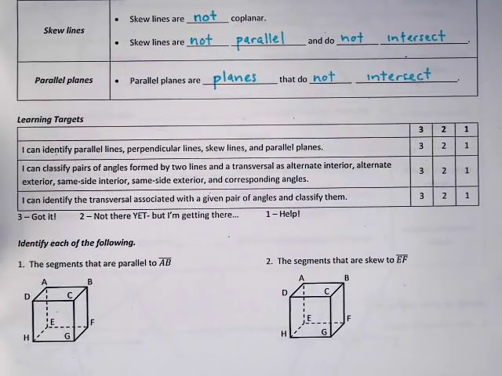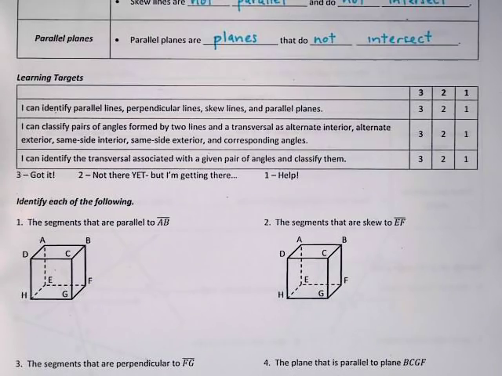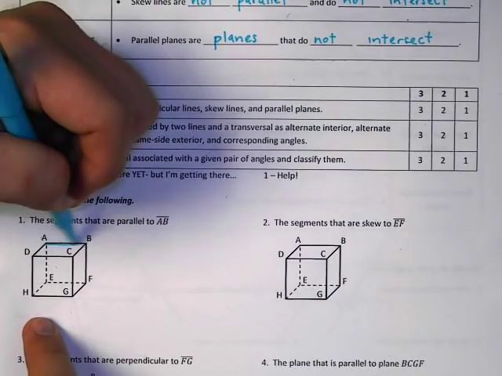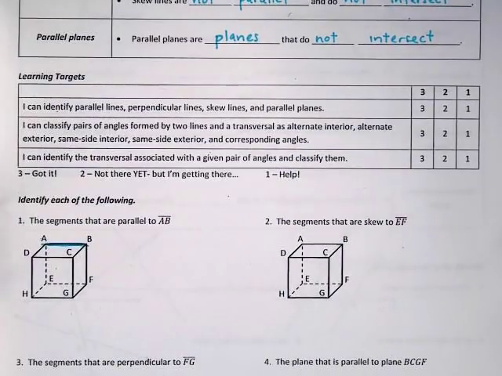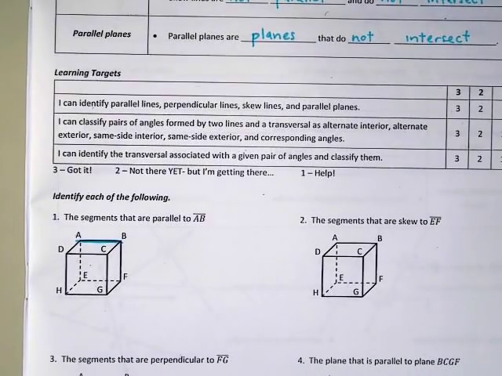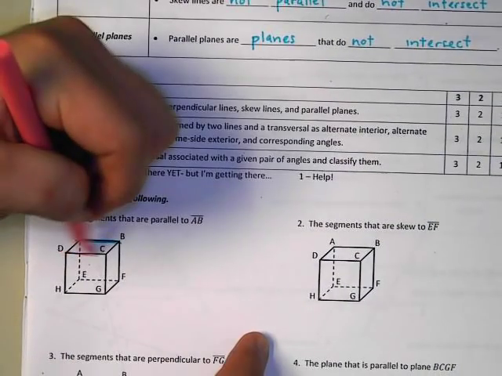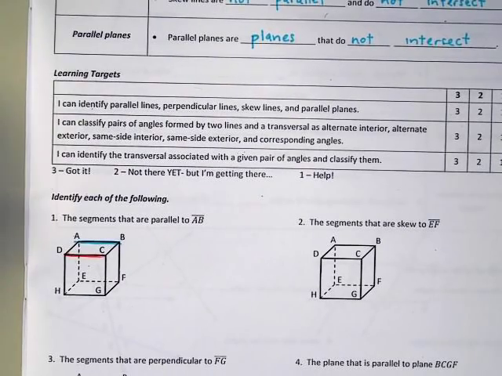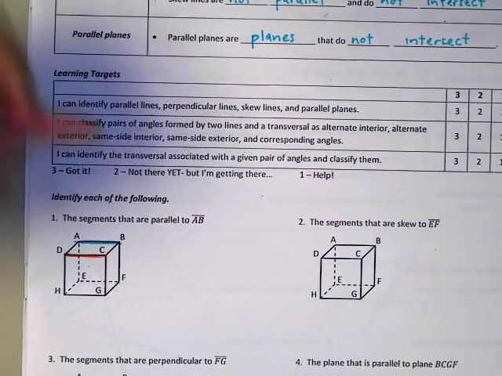I think number one isn't too bad. Parallel lines, or segments I should say, are nice and easy. If I draw AB right here, well, parallel lines are lines that are going in the exact same direction and are never going to touch. So DC is going in the exact same direction and will never touch. And then you've got to remember that there's more, right?